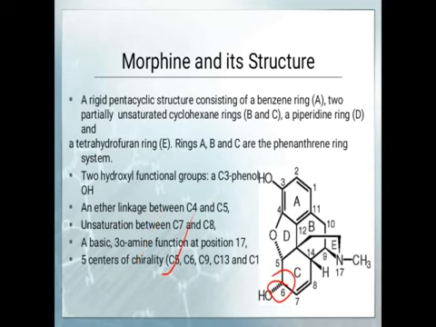And similarly, C6, then C9, then C13, and this is C14. So these are the 5 chiral centers which are present in the structure of morphine.